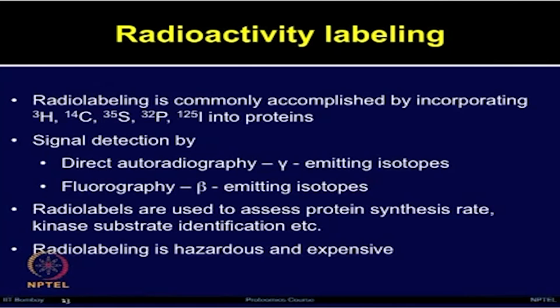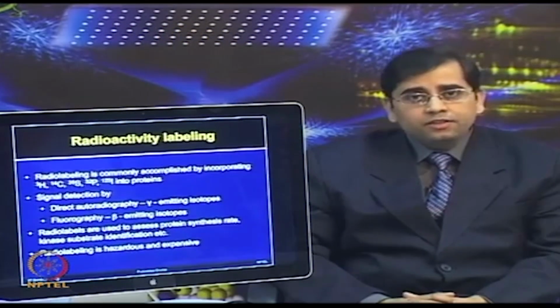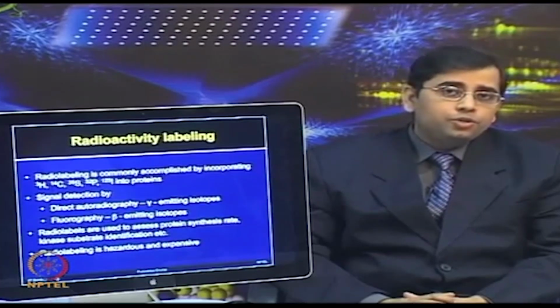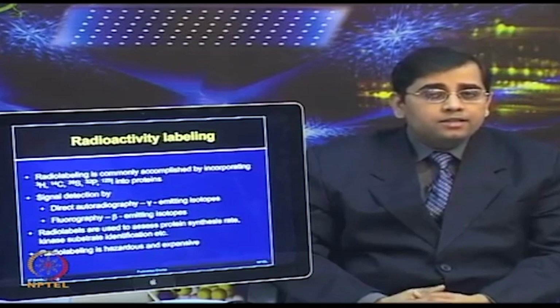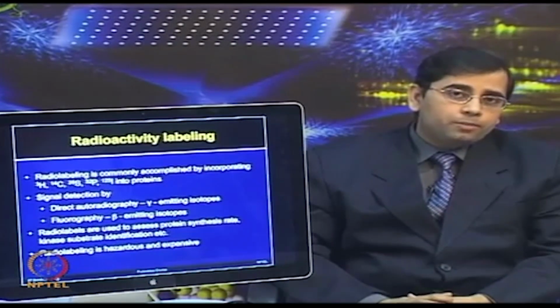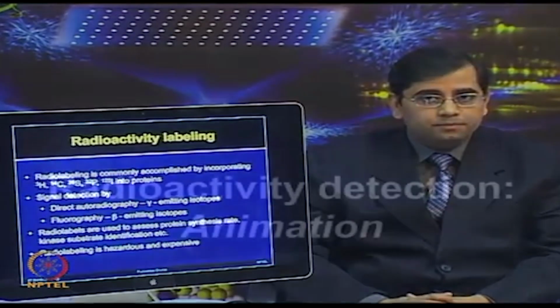Due to the hazardous nature of these radio labels, people use this technique only for very essential applications. However, the sensitivity as well as various types of applications unique to the radio labeling still are providing the unique opportunity for radio labels to be used for microarray based applications.